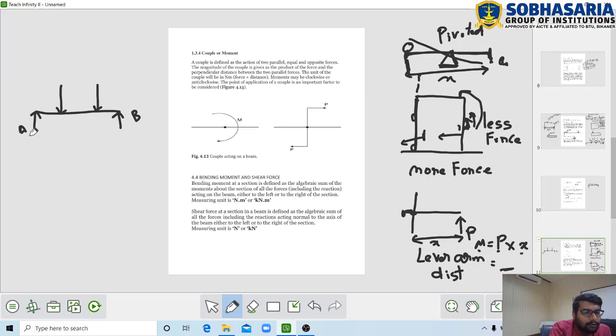So when you find out the reaction at A support, that is R A, and the reaction at B support, that is R B, assume you give some values like 5 Newton, 10 Newton.